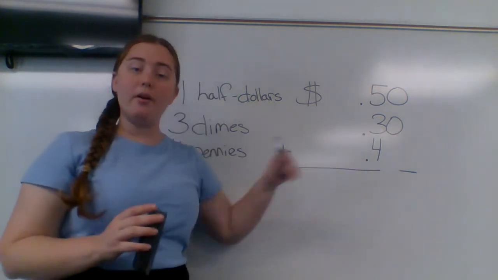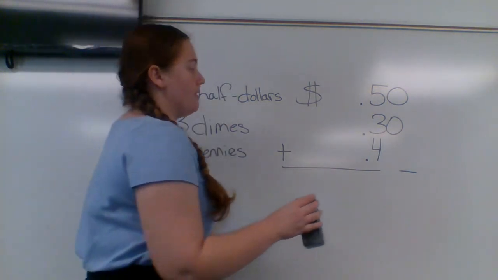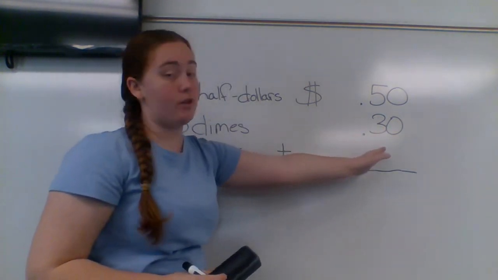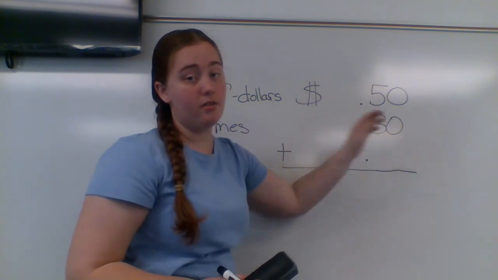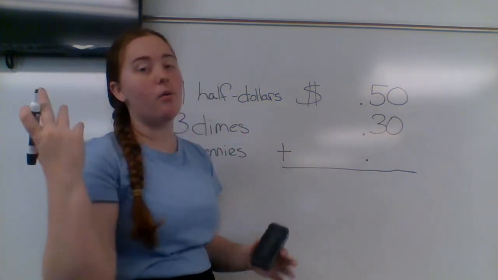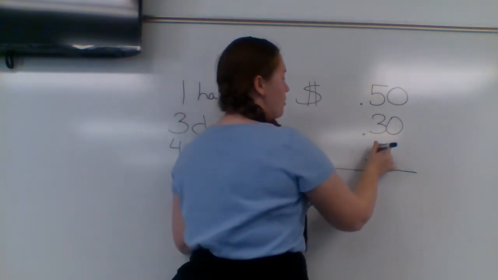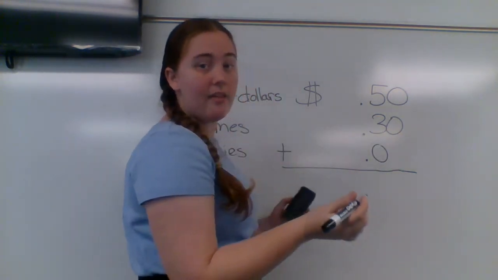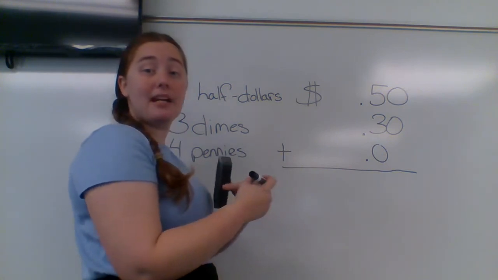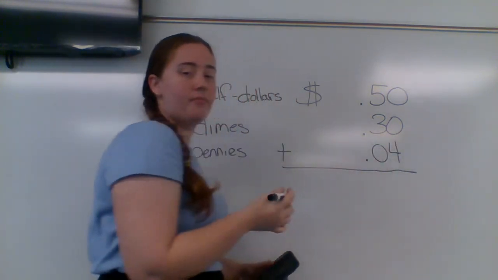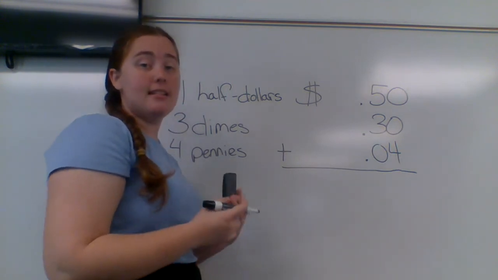So how am I going to write 4 cents? I will write a 0 first, and then write the 4. The 0 before the 4 doesn't change the value of the 4. It just shows that there's nothing in front of the 4. And then it leaves room for there to not be anything after the 4 as well. So if I write 0 4, that shows me that there are 4 cents.